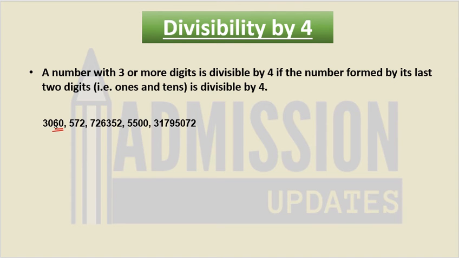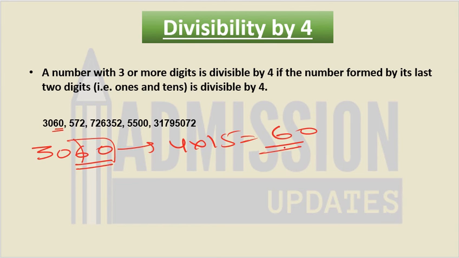Like here the first one is 3060. So here we have to check the ones and tens place, whether this number is divisible by 4 or not. And this number is 60. We all know that 4 into 15 is equal to 60. So we can go for this number to divide by 4.